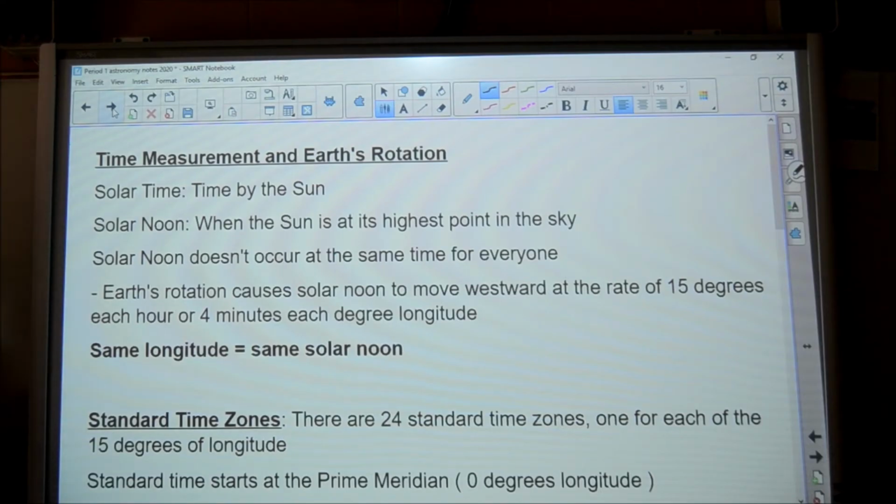Alright, let's talk time. Solar time is time by the sun. Solar noon, you already have this in your vocab, is when the sun is at its highest point in the sky. Solar noon is not happening for everyone at the same time. If you have the same longitude, you have the same solar noon time.